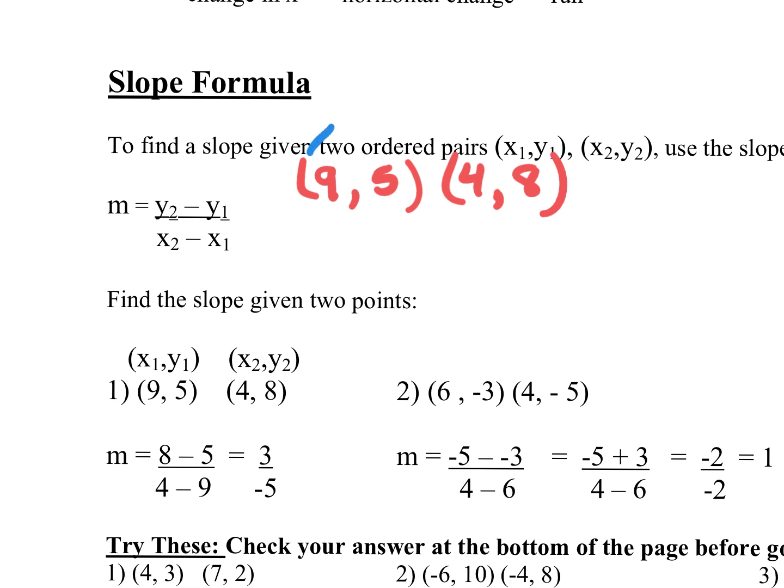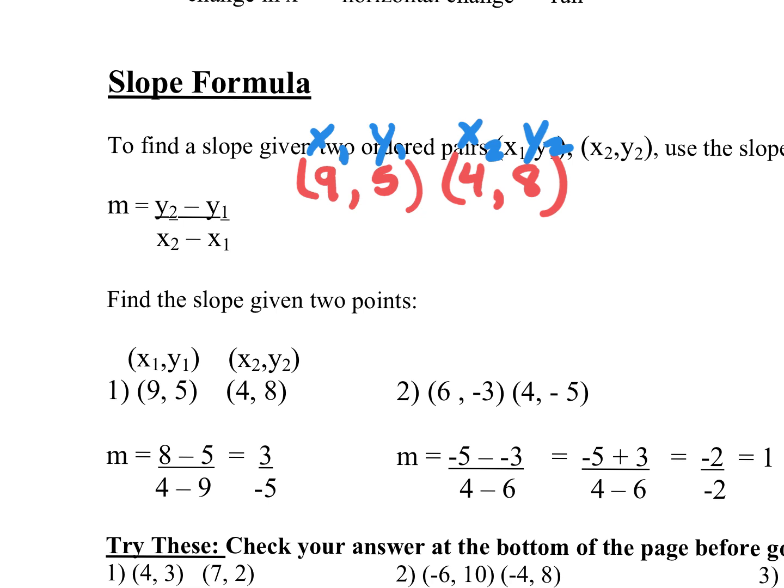I'm going to say this is x1, this is y1. This is the first ordered pair, so I'm giving it the subscript 1. And then the next ordered pair, I'm going to give it the subscript 2. This is x2 and y2. You might hear me say in class y sub 1 and x sub 1. That just means the x and y with the 1 subscript, okay?